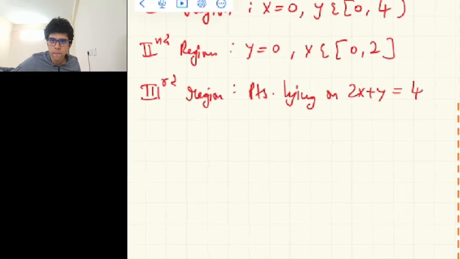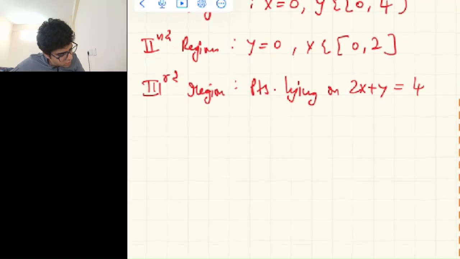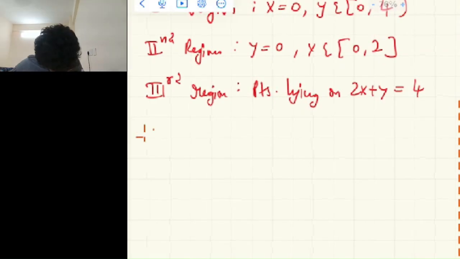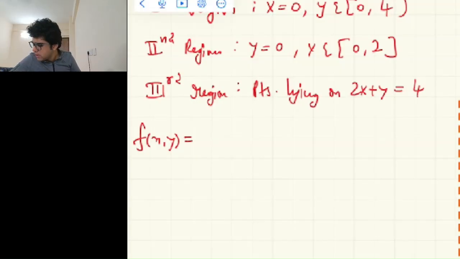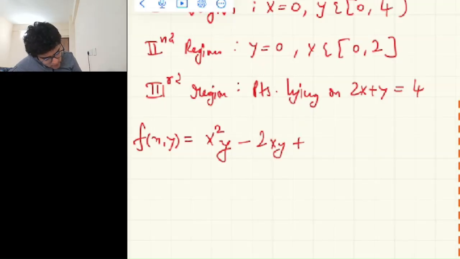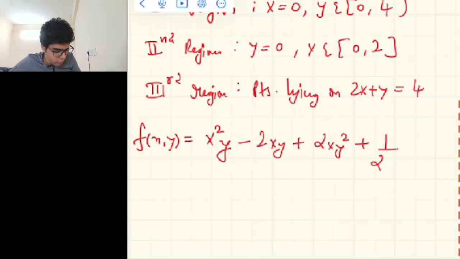So my function was f(x, y) equals ax squared y, where a was 1, so x squared y, plus b was minus 2xy, plus 2xy squared, plus c was 1 upon 27. Yes, so this was my function.